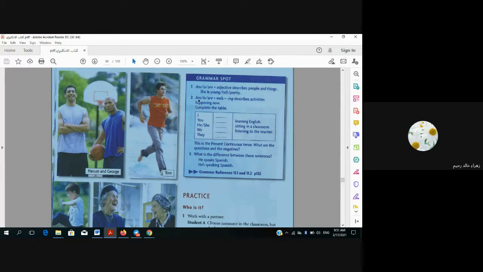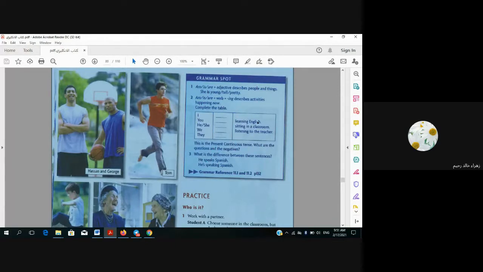When we use is are and verb with ing, we describe activities happening now. إذا استخدمنا is و are بعدها فعل ing نحن نصف فعاليات تحدث الآن. Yes.